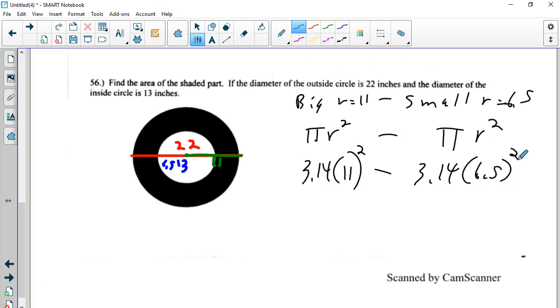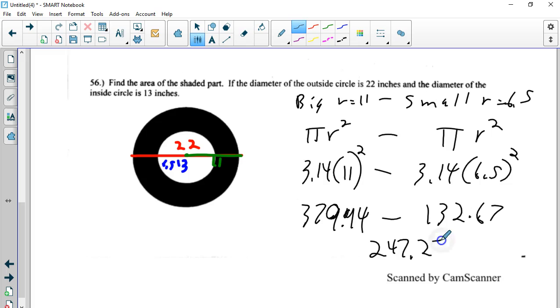That's all we're doing. So that gives us 379.94 minus 132.67, which gives us an overall 247.27 square inches. And that's it.